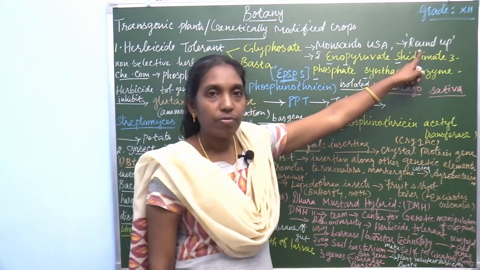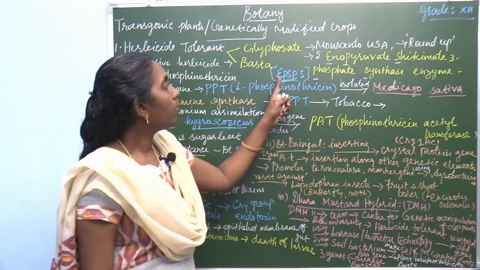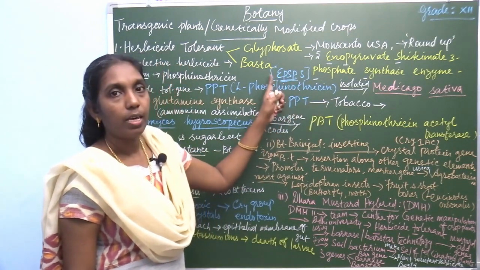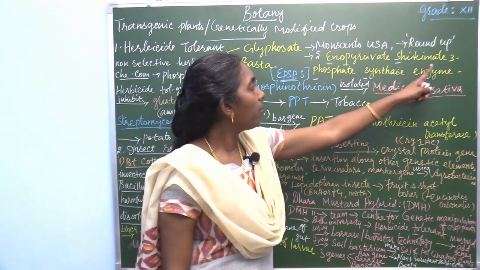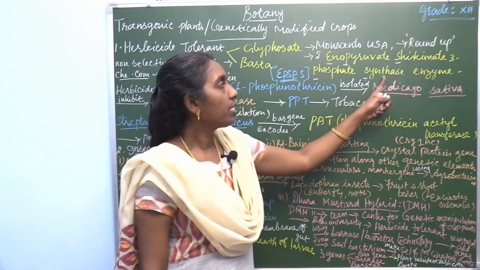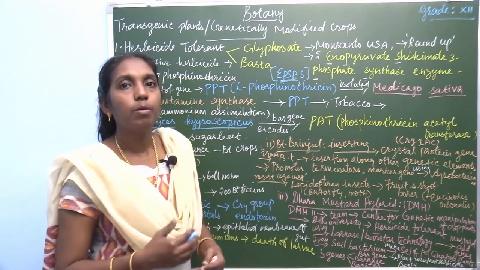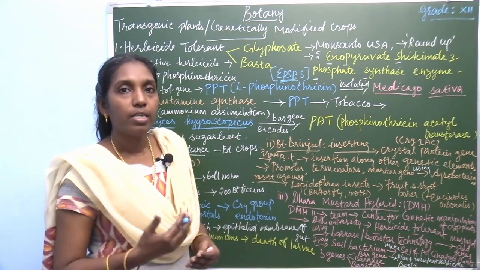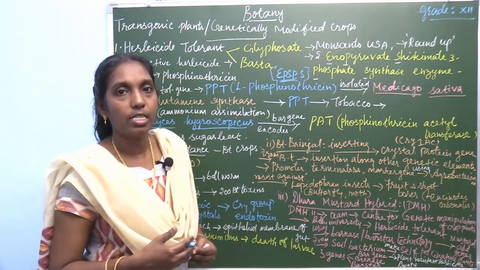The trade name of this is Roundup, and it targets the enzyme EPSPS, called 5-enolpyruvylshikimate-3-phosphate synthase enzyme. This enzyme inhibits the process of synthesis of vital amino acids, the vital nutrients.